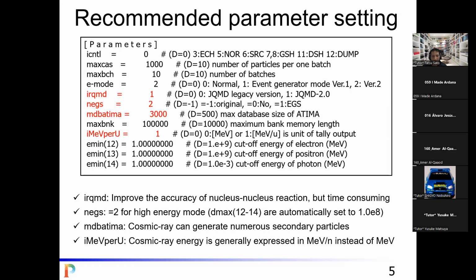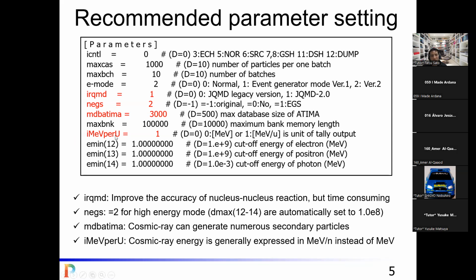Every time a new combination of projectile and target is generated in PHITS, it uses the database. Usually 500 combinations is sufficient, but in cosmic ray transport simulation, sometimes 500 is not sufficient. So we increase the default value to 3000.